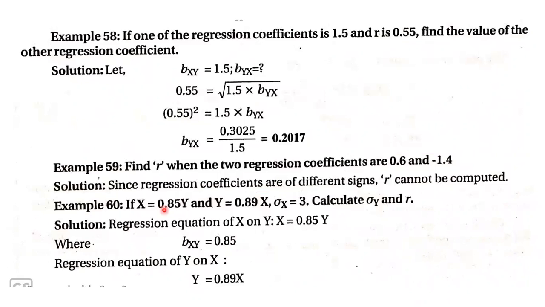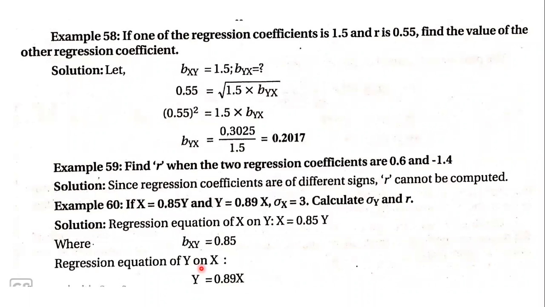Now moving on to the next problem. If x is equal to 0.85y and y is equal to 0.89x, standard deviation of x is 3, calculate standard deviation of y and correlation coefficient. Okay, there's a lot of information.